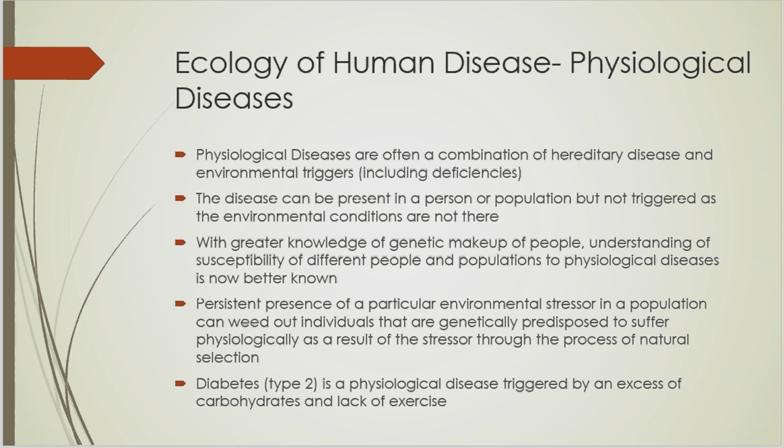Okay? So a persistent presence of a particular environmental stressor in a population can read out individuals that are genetically predisposed to suffer physiologically as a result of the stressor through the process of natural selection.